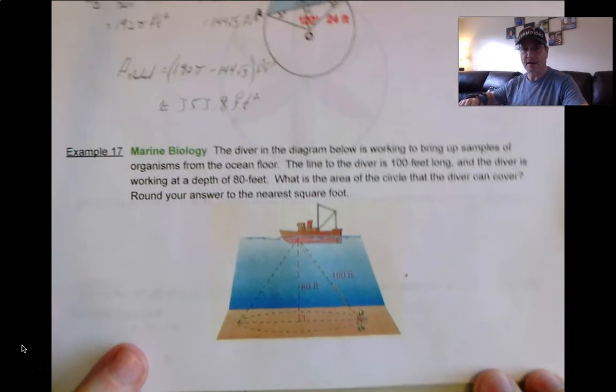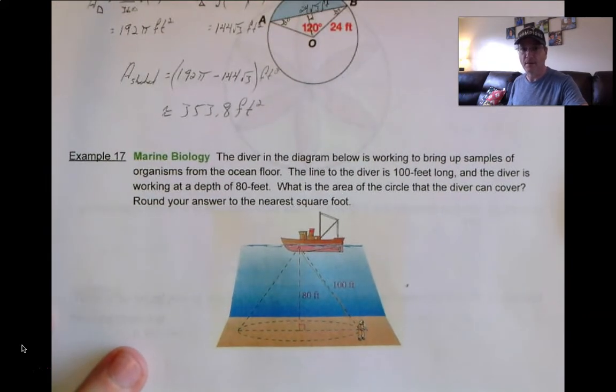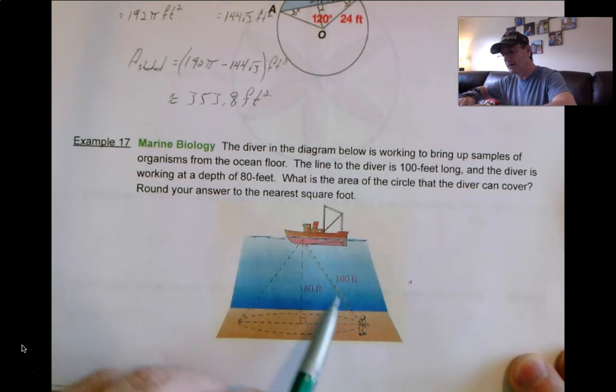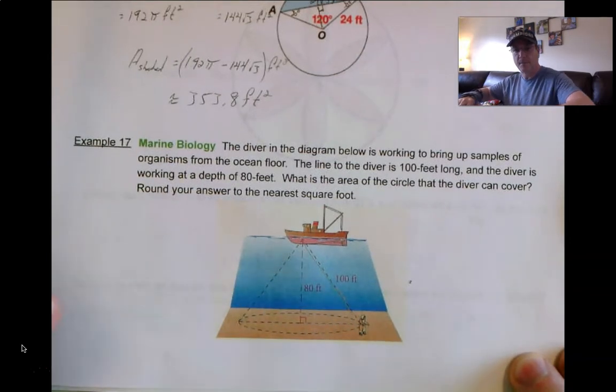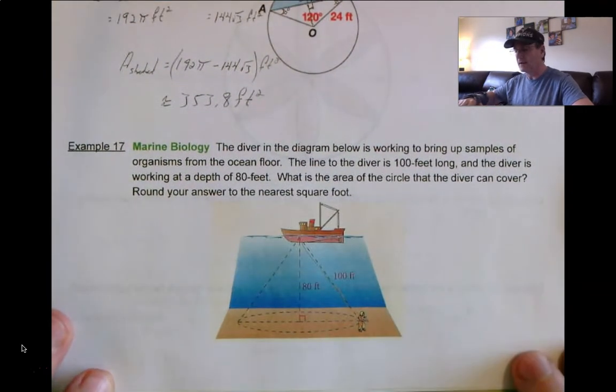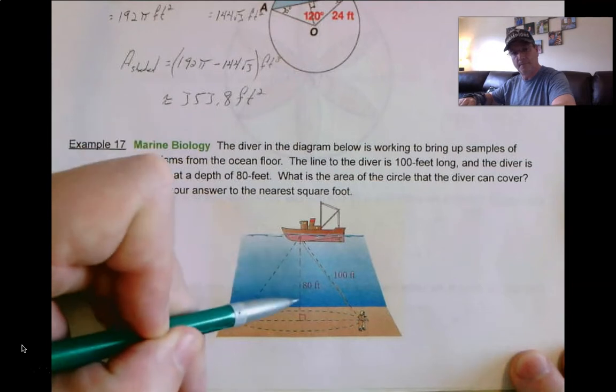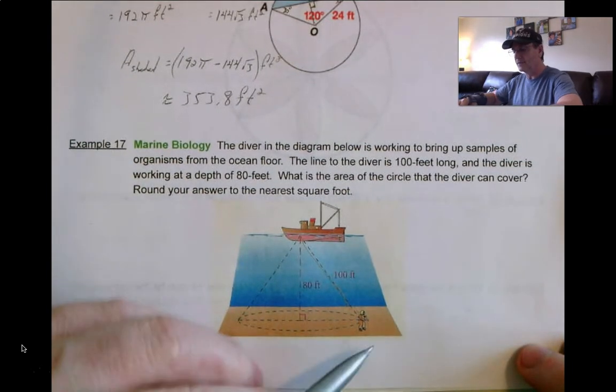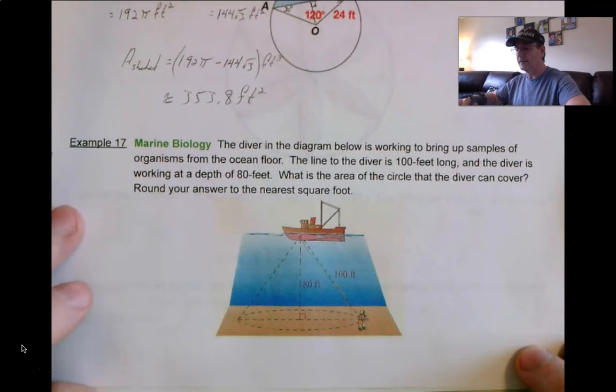Marine biology, example 17. The diver in the diagram below is working on bringing up samples of organisms from the ocean floor. The air line to the diver is 100 feet long. The diver is working at a depth of 80 feet down to the ocean floor. What is the area of the circle that the diver can cover?